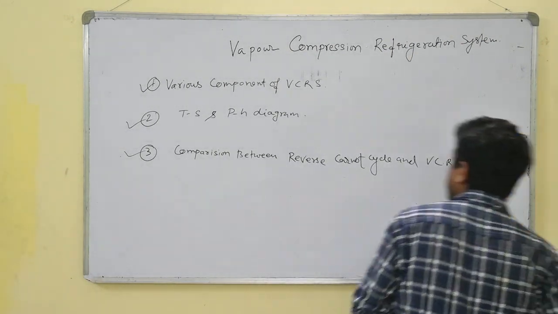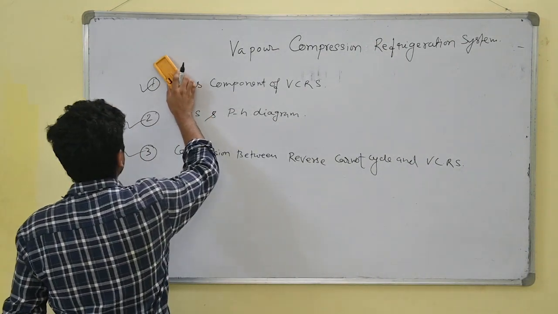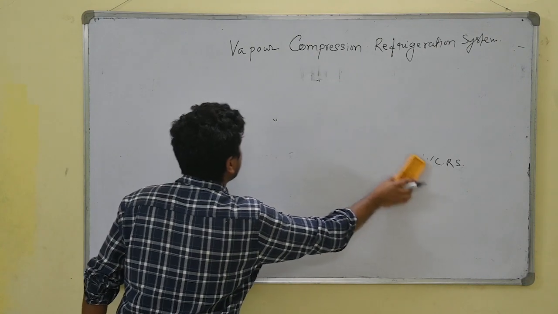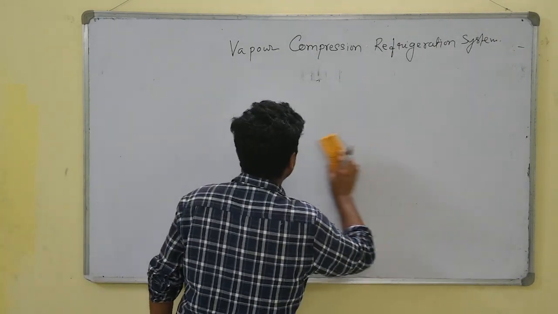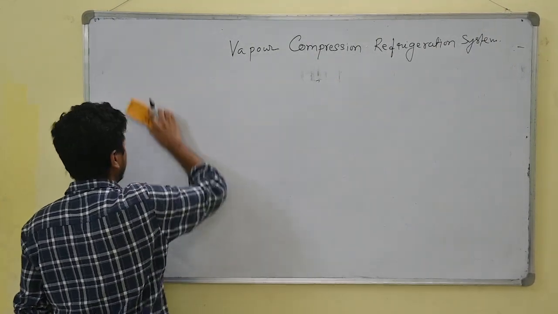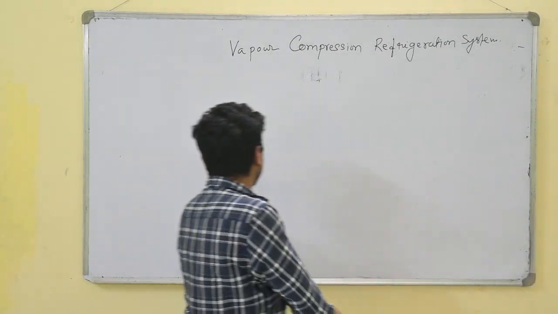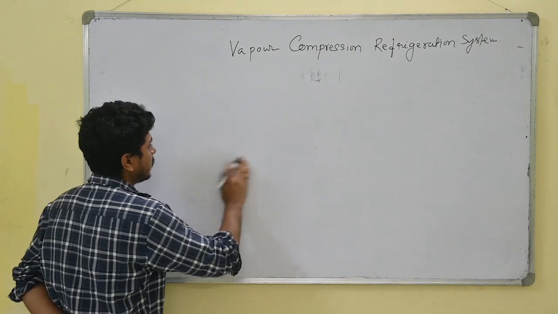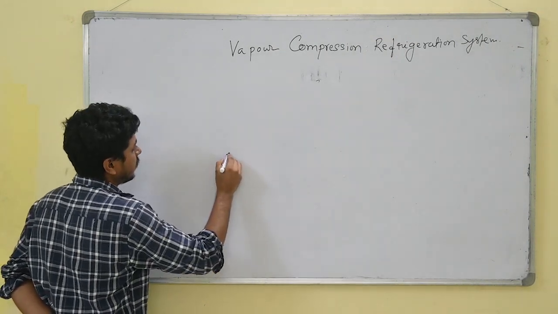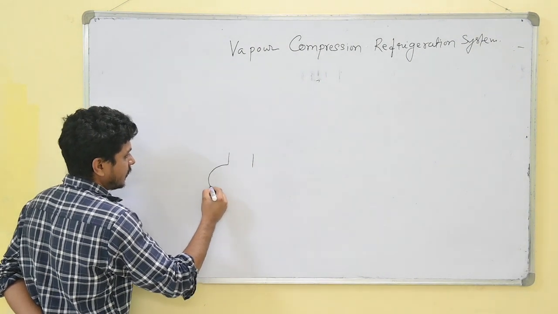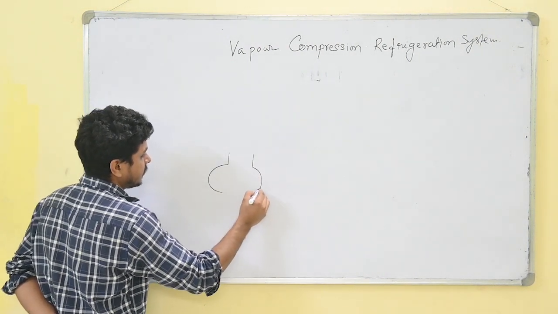Next, I will draw the various components of the Vapor Compression Refrigeration System. First, we need a compressor, because the compressor is the heart of any refrigeration system.